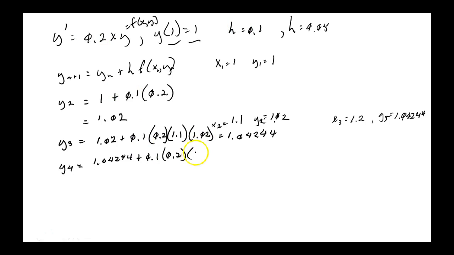Our x is now 1.2, and our y is now 1.04244. And let's see what that gives us. I'm just going to keep that first number in there, plus 0.1 times 0.2 times 1.2 times 1.04244 equals 1.0675. That is what they get.